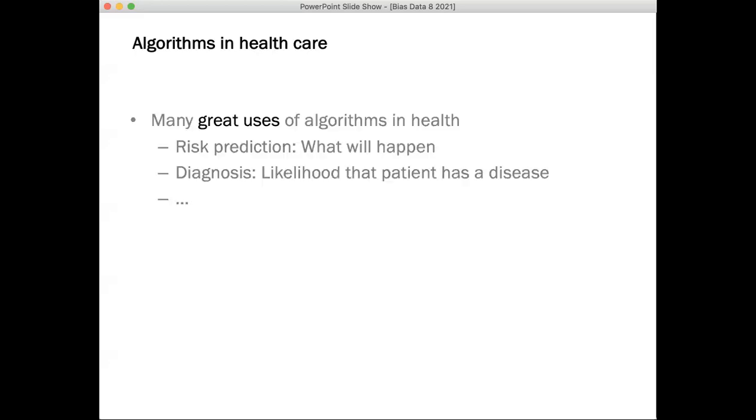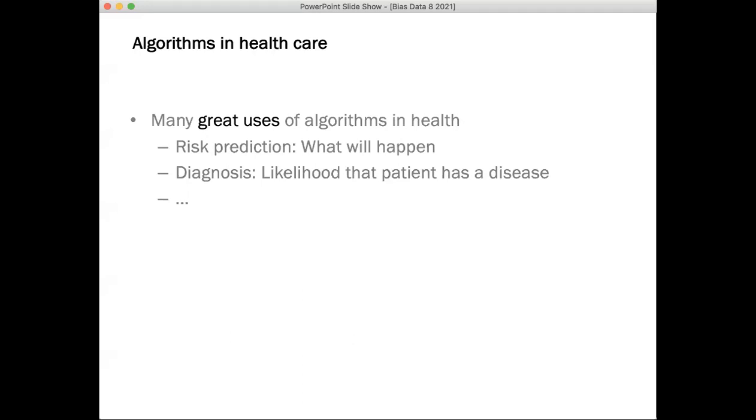And drawing on that, I just wanted to start with an observation about where I think algorithms fit into healthcare, which is that there are many, many great uses of algorithms in health. I came into this research because as a doctor, when you're practicing medicine, and if you're paying any attention at all, you are constantly making mistakes, and those mistakes are very, very painful for everyone involved, most of all the patient, of course, but also for you.